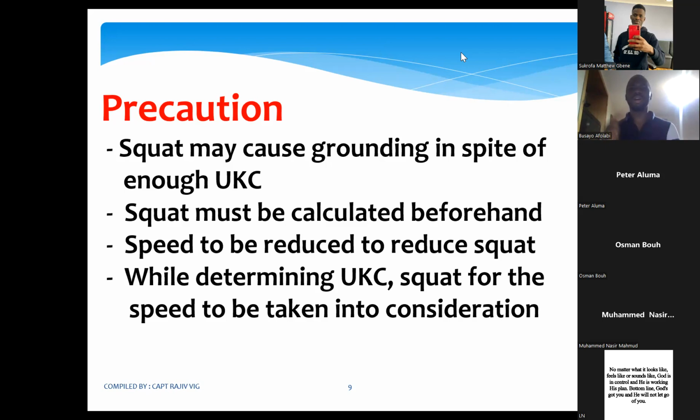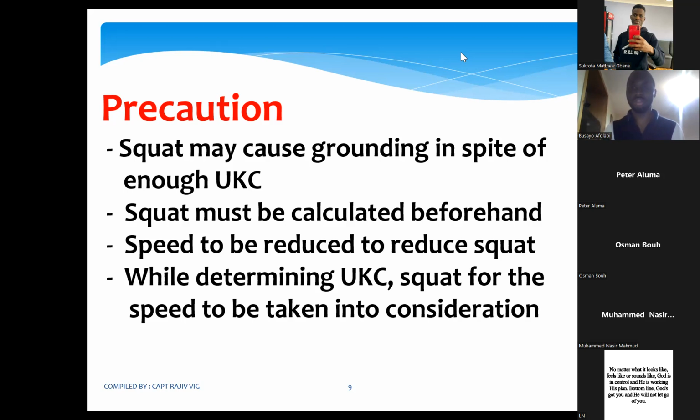But when you are trying to plan your passage to make sure that at all times you are proceeding at a minimum UKC of, let's say, 1.5, you need to put in effect that there will be squat. So when you are going to shallow waters, there should be considerable allowance being considered, to say, okay, by the time I get here, I might be having a squat of 1.2.